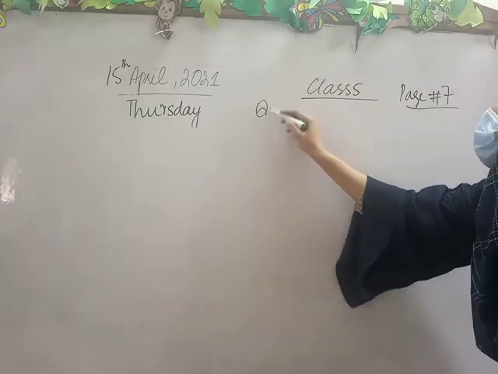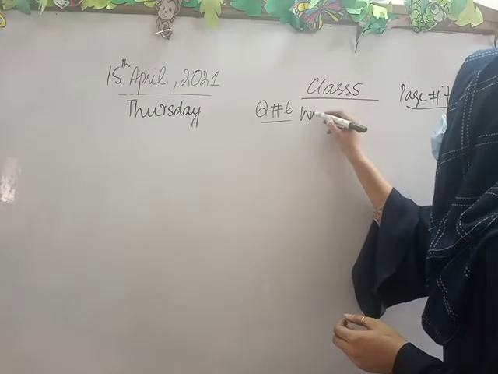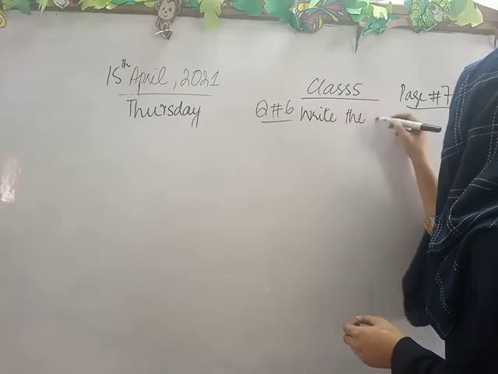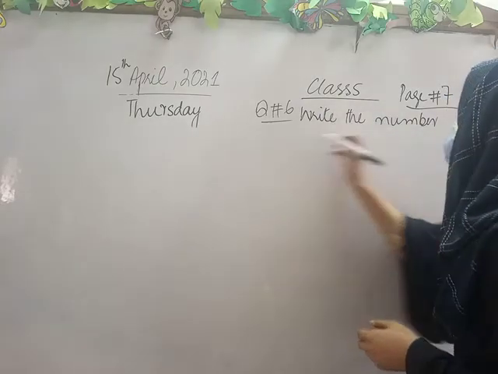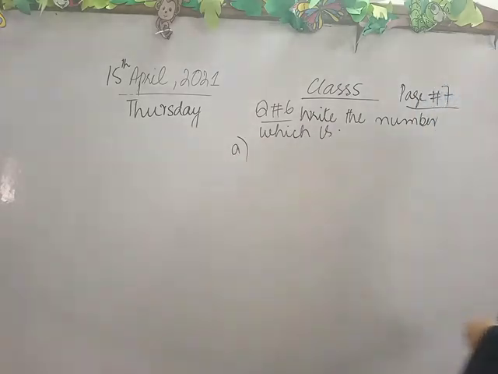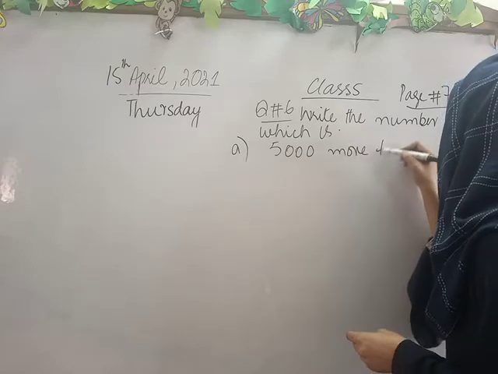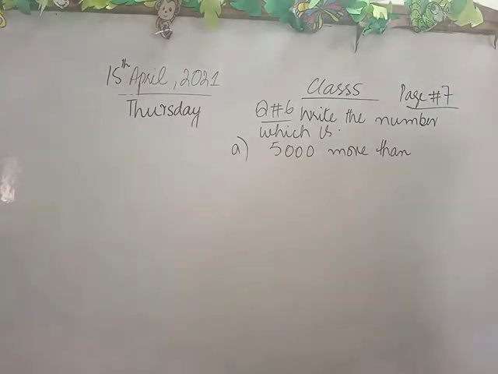The statement is: write the number which is 5,000 more than 20 space 045 space 624.